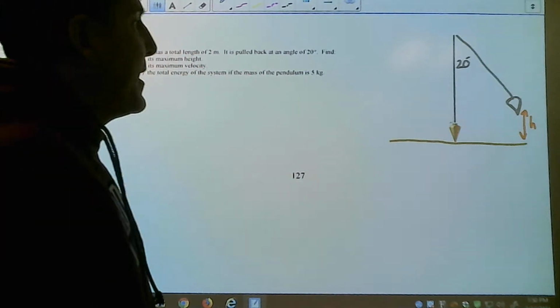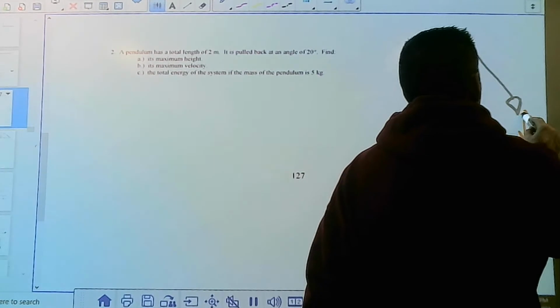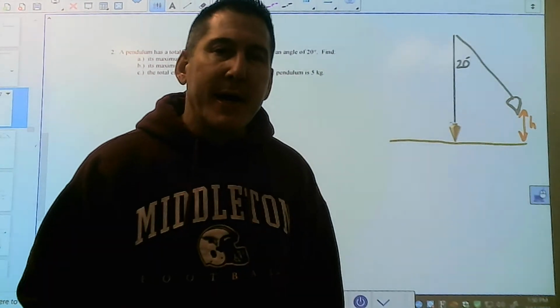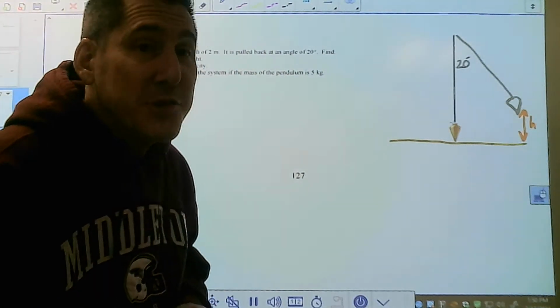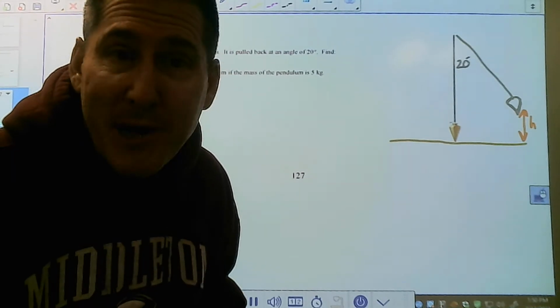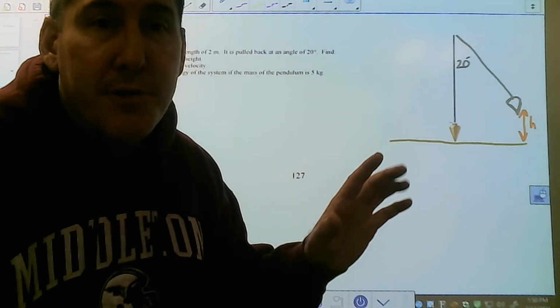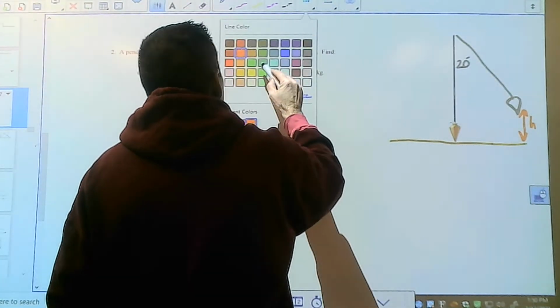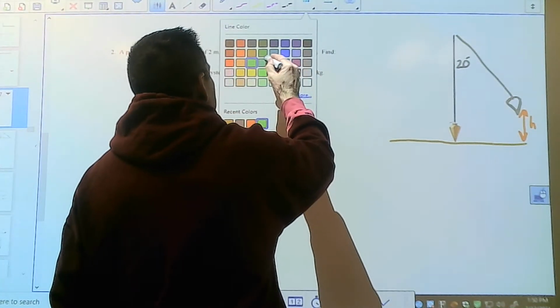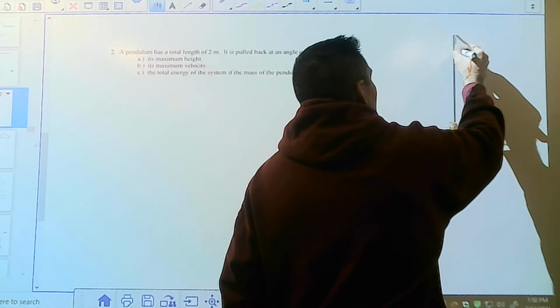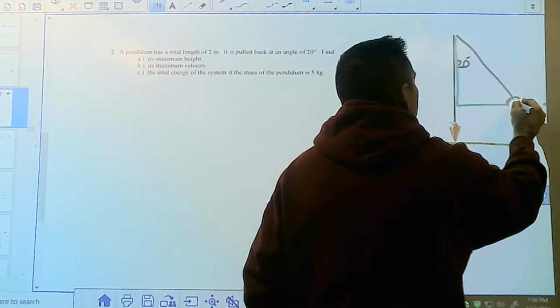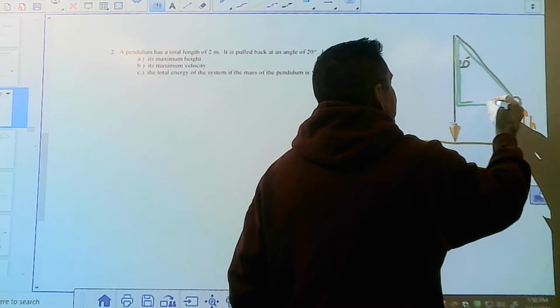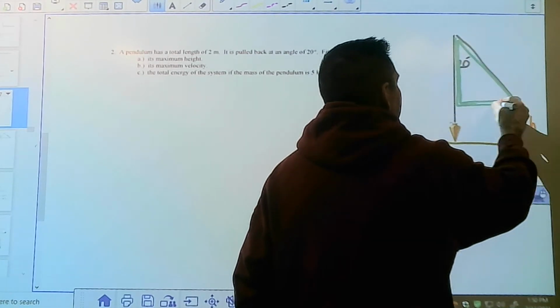So how do I find that height? Well, believe it or not, finding that height and solving for part A is really not a physics problem. It's a math problem. Just simply math. I'm going to draw a right triangle, and I think you'll start to see where I'm going with this. I want you to focus on that green triangle.